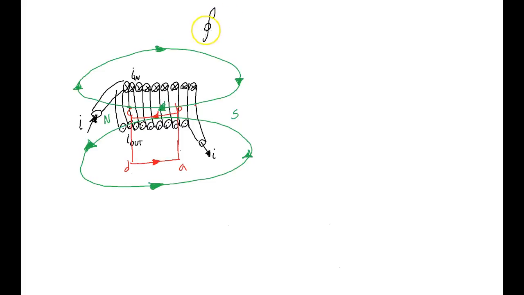So I'll have the integral from A to B of B dot dl, plus the integral from B to C of B dot dl, plus the integral from C to D of B dot dl, plus the integral from D back to A of B dot dl.